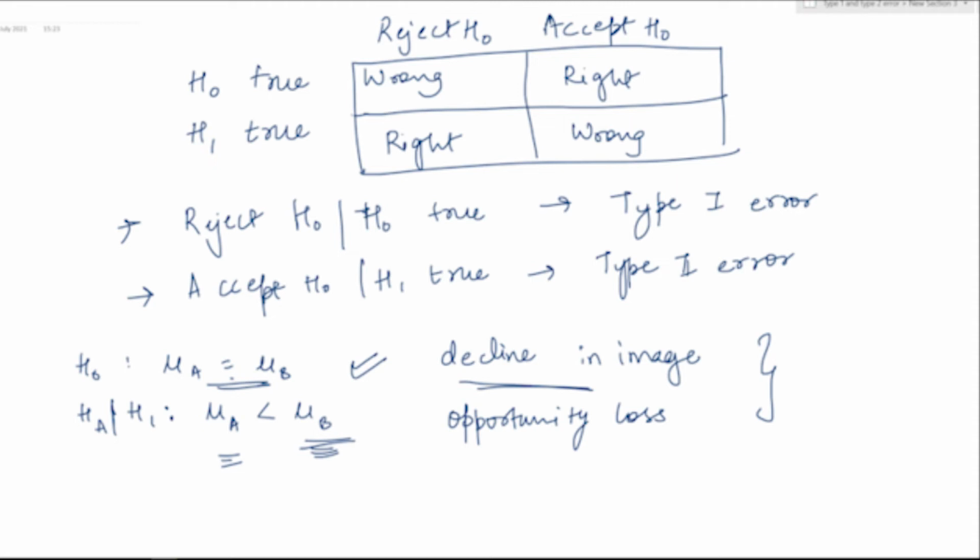So in this case what would happen is, we are saying that H0 is true, that means no life-threatening event would occur, but the forecast company has claimed that something would occur. So this is a false warning. Now let's consider the type 2 error, which is basically the probability that we accept H0 given H1 is true.